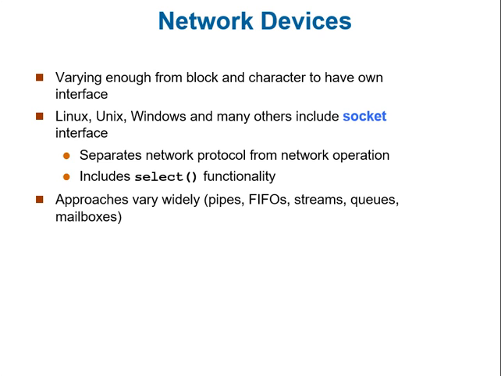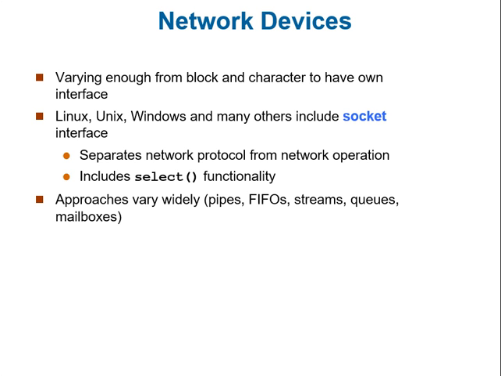This is the select function in the network device. There are a variety of approaches that can be used in managing the network device with inter-process communication and network communication, like pipes, first in first out streams, queues, and mailboxes.